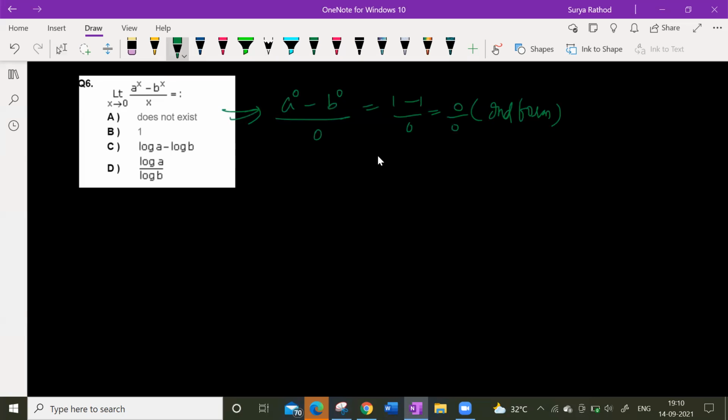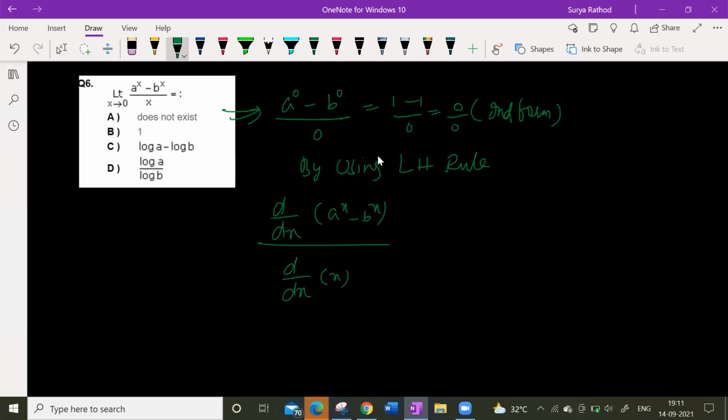I got indeterminate form. So by using L'Hospital rule, what I have to do? d by dx of numerator divided by d by dx of denominator. Limit will be as it is. Look here, d by dx of a power of x.